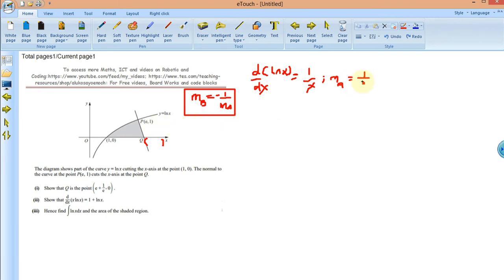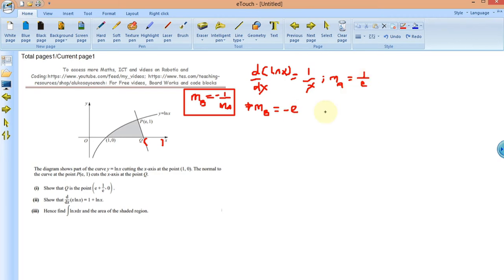So MA is 1 over e. From here I can work out MB, the gradient of the normal. MB will be minus 1 divided by that, minus 1 over 1 over e, so that will be minus e. Don't forget that the negative inverse of 1 over e is minus e.